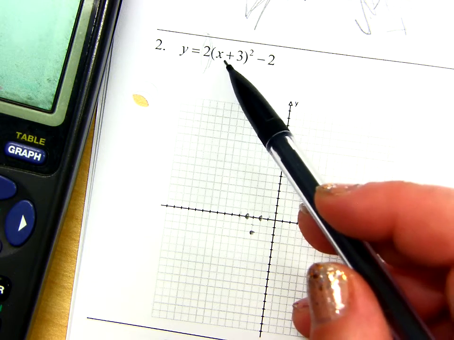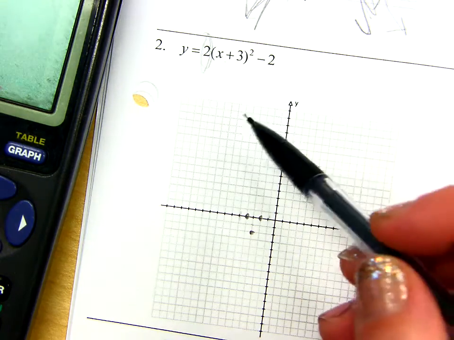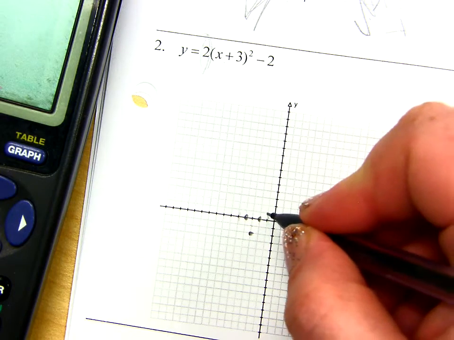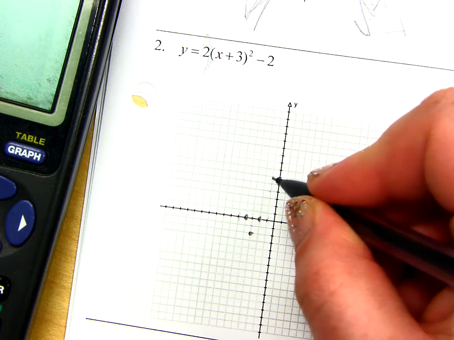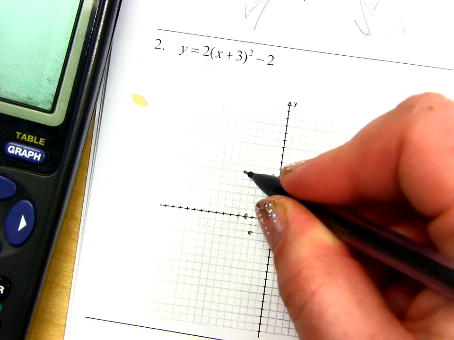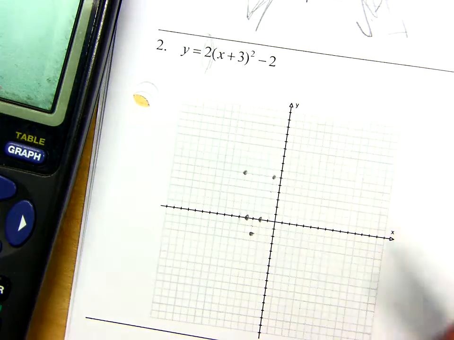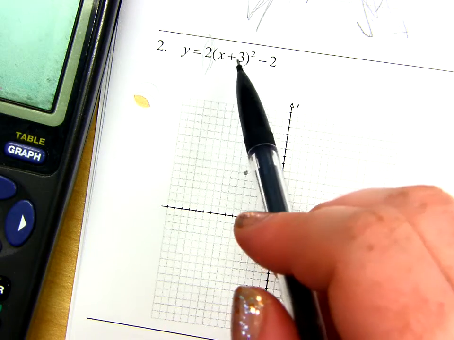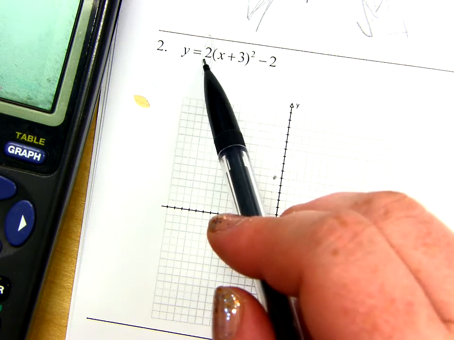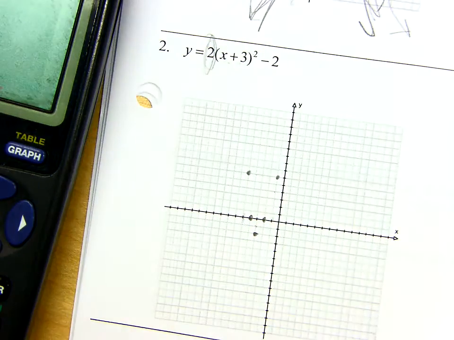So if I plug in -1, I get 6. Did you? What did you plug in? I plugged in -1. How did you get 6? -1 plus 3 is 2. 2 squared is 4 times 2 is 8. 8 minus 2 is 6.